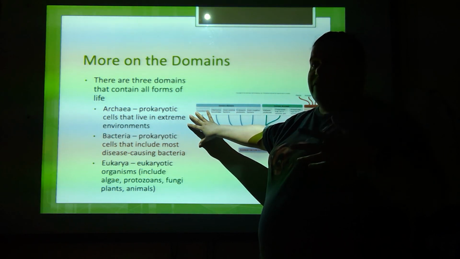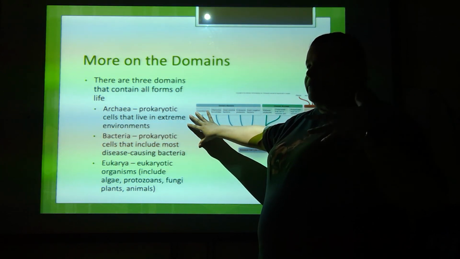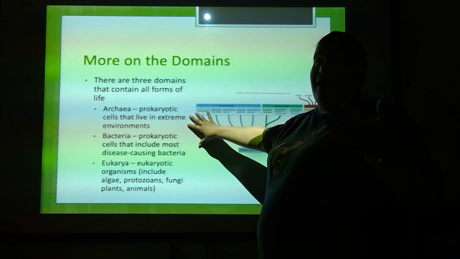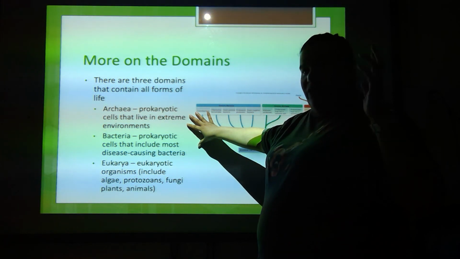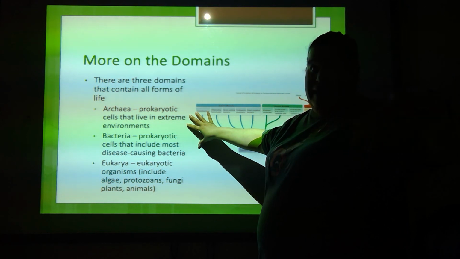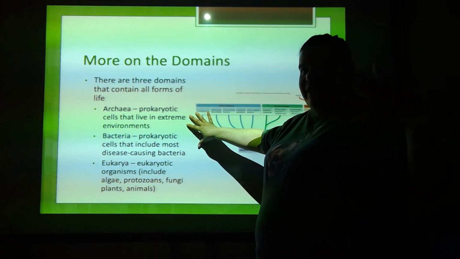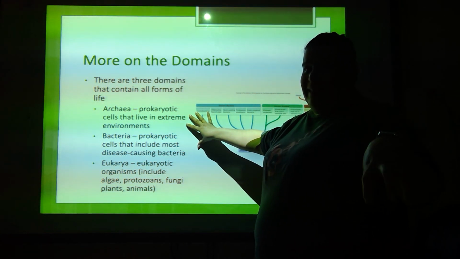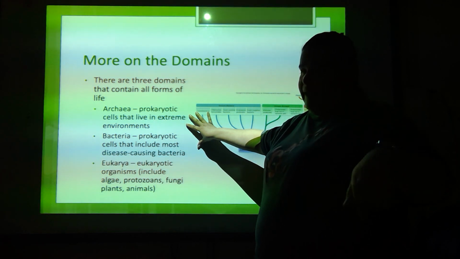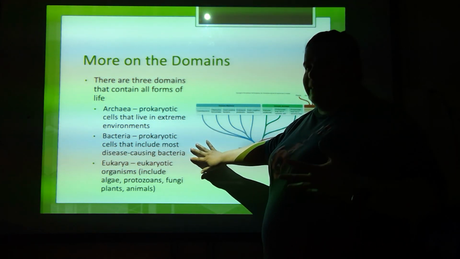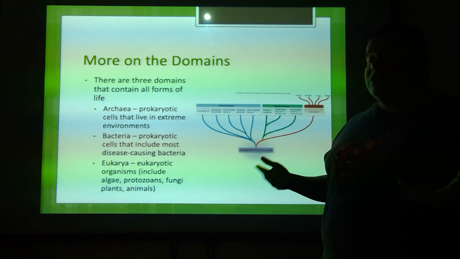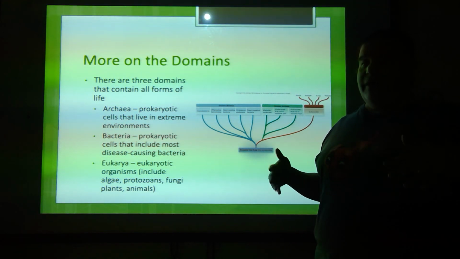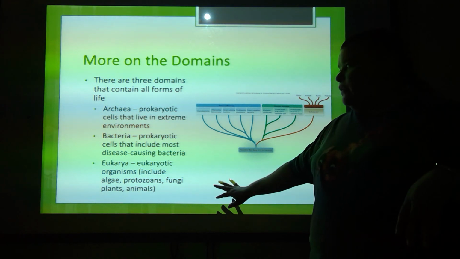They are in volcano vents, they're in icebergs, they're in the hot springs at Yellowstone National Park. These are not things that are found on a table because the minute you take them out of that extreme environment that they live in, they die. Okay? Then you've got the bacteria. These are prokaryotic cells that include most of the disease causing bacteria.